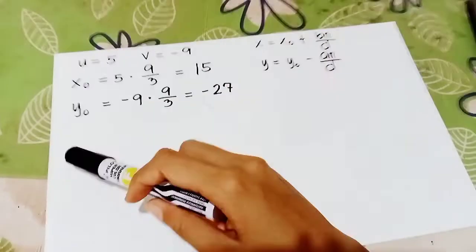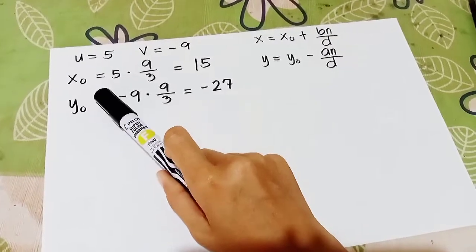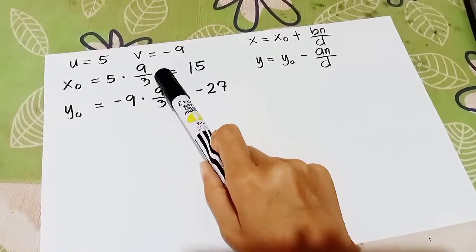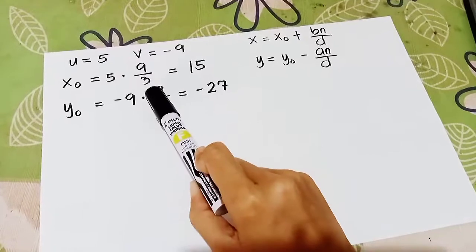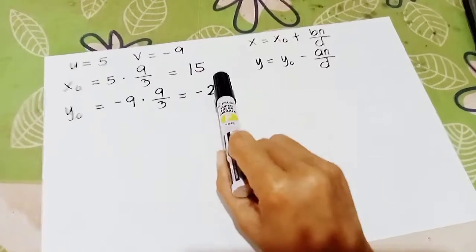Substituting, x0 equals 5, which is u, times 9 over 3, where 9 is b and 3 is d, which equals 15. So 5 times 3 equals 15.